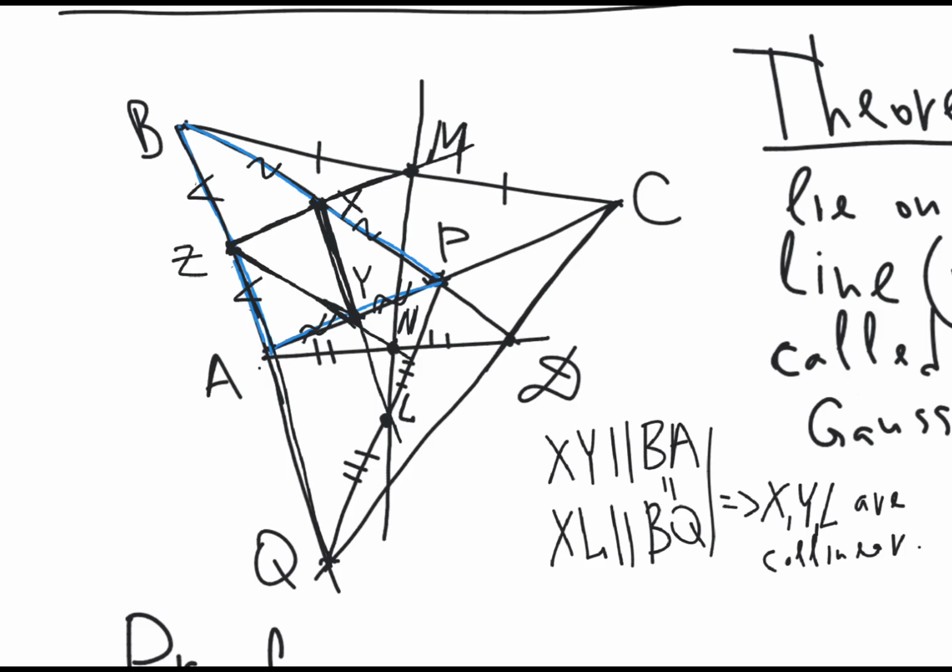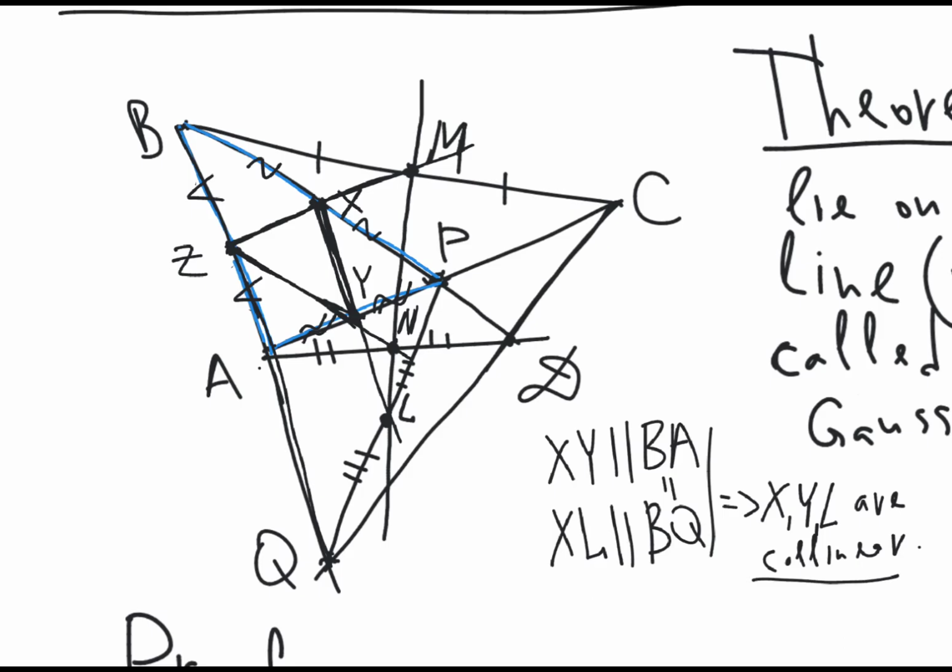So B, A, and Q lie on the same line, therefore the points where they are mapped, X, Y, and L, would also lie on the same line. So we can make an argument with homothety or with similar triangles or with parallel lines, it doesn't matter. It's easy to see that these points are collinear.